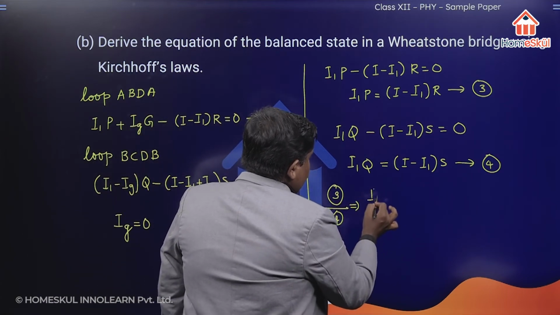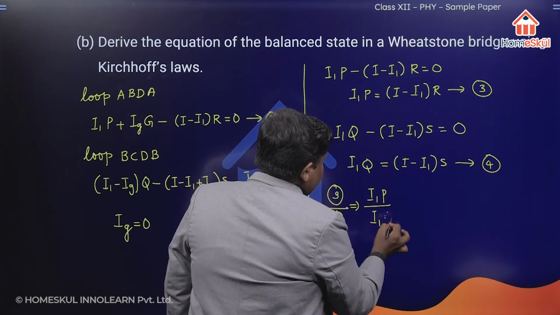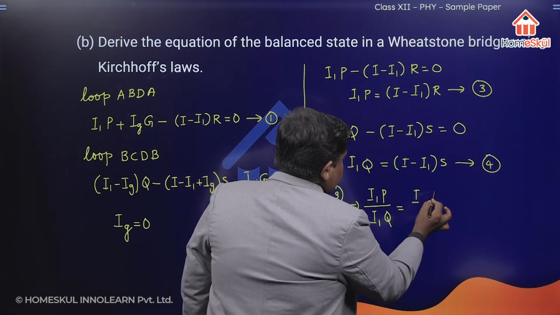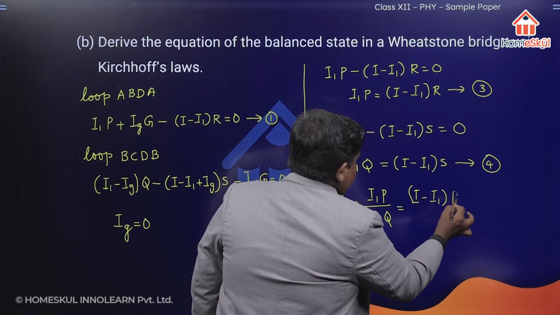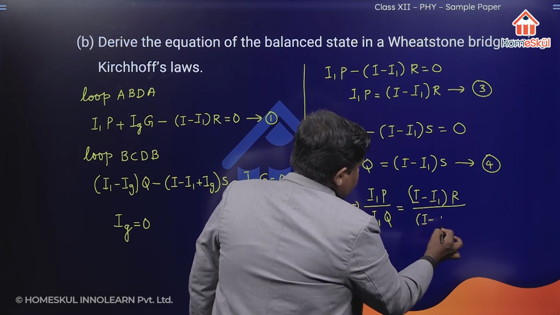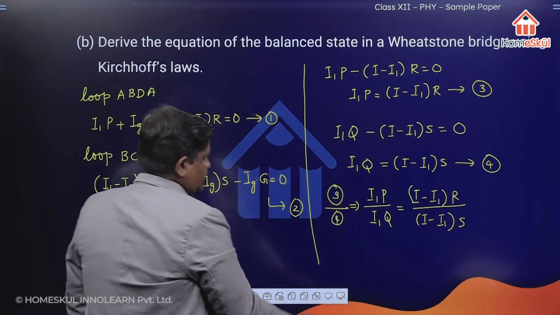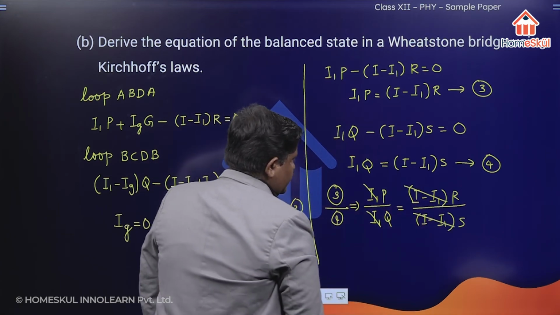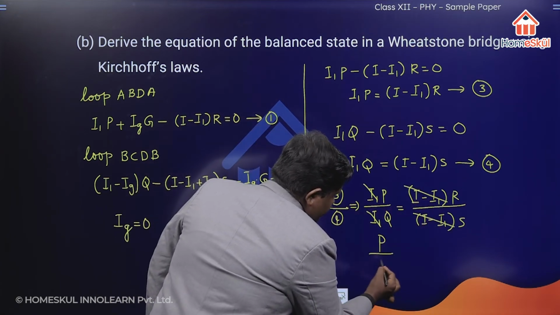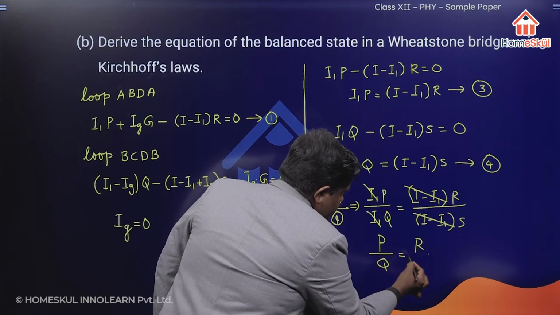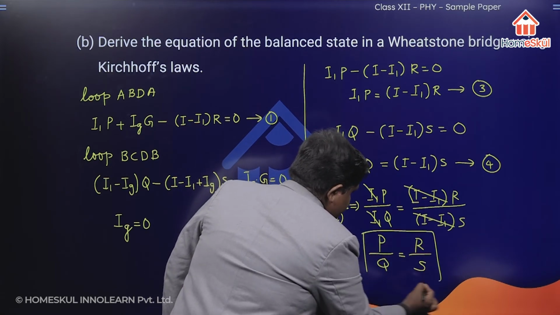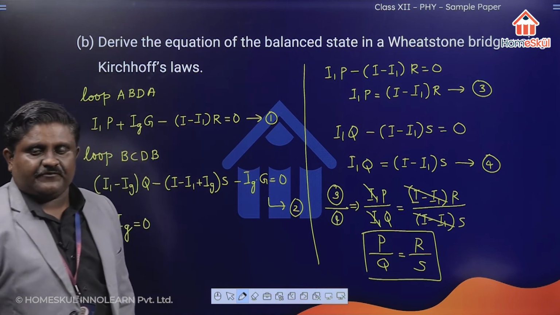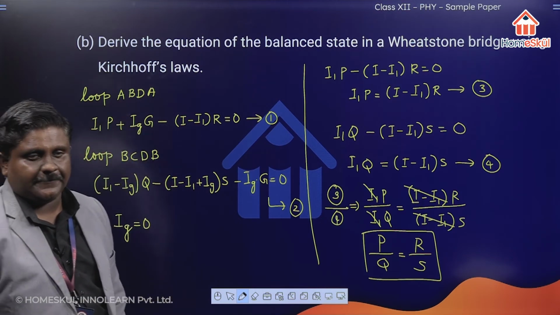We get I1P by I1Q is equal to (I minus I1) into R by (I minus I1) into S. So I1 gets cancelled, I minus I1 gets cancelled. We get P by Q is equal to R by S. So this is the balanced condition for Wheatstone bridge. Clear?